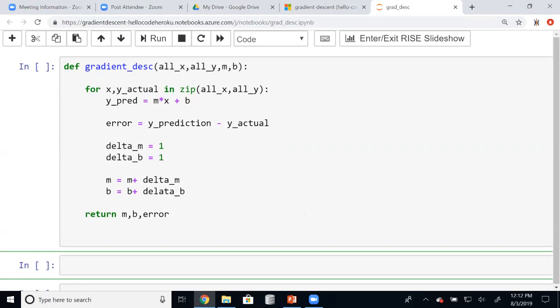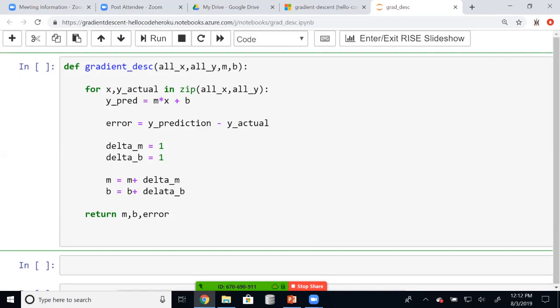Sudipto says that the error will return only the last value of the error. Yeah, that is true, but that is fine as well. And can you think why? So I'm calculating the error for the overall iteration. Okay, so what we could also say is, after you have completed, error is y prediction minus y actual.